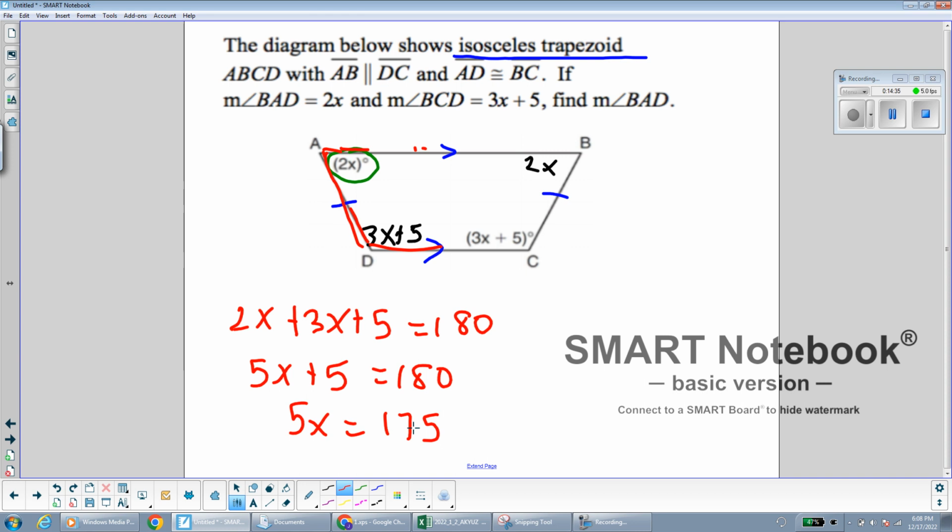And all I have to do now is divide by 5, and I get that x is equal to 35. Now that I have my x value, I'm just going to plug back in to find the measure of angle BAD. So the measure of angle BAD is 2x, and since x is 35, 2 times 35 is 70 degrees.